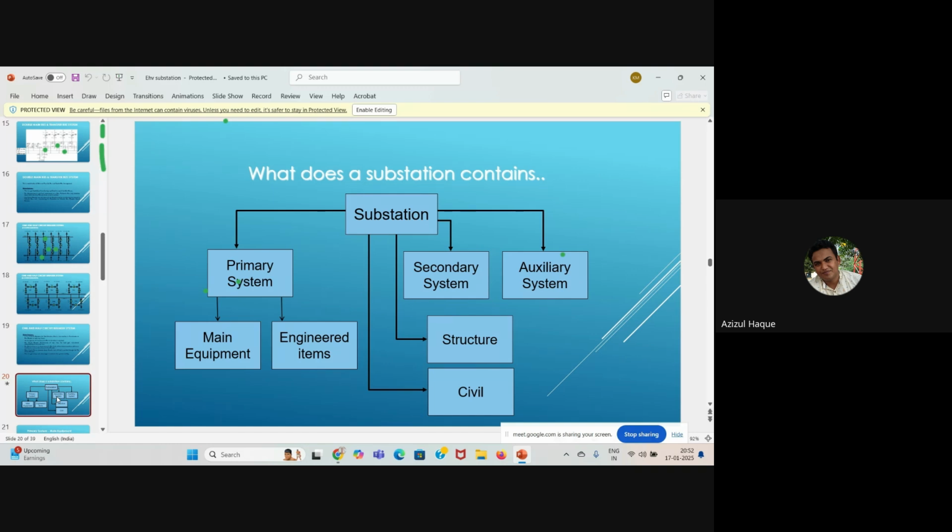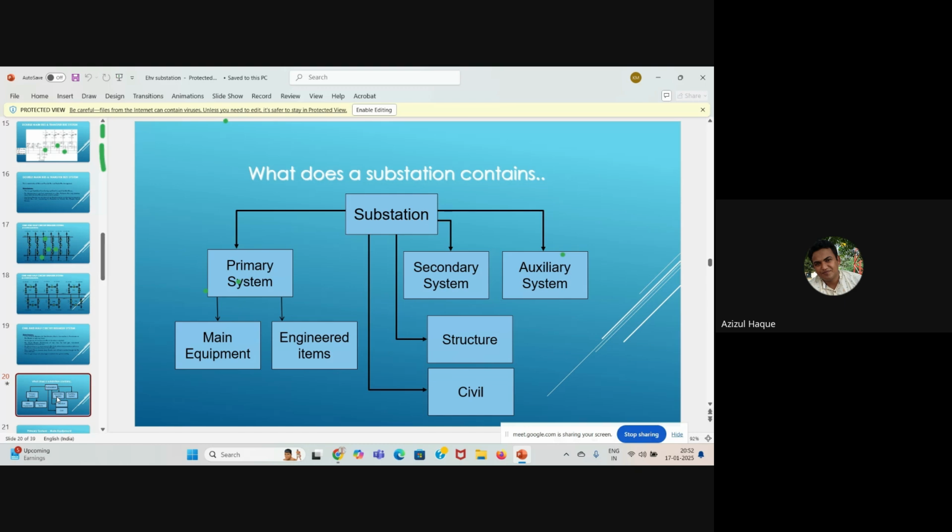Now we will go slightly into detail on what is there in a substation. We have seen that a substation is where many circuits are interconnected through a busbar scheme, and there are different types of busbar schemes, single bus, double bus, and so on. Now we will concentrate on circuits: what are the elements of the circuits and how they are connected.